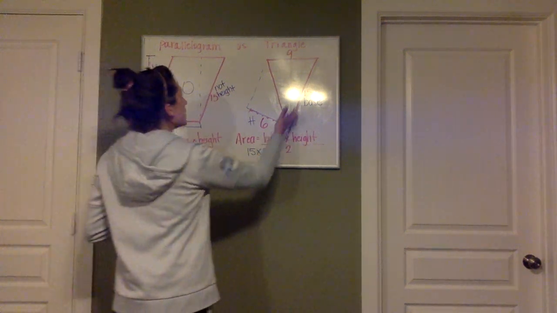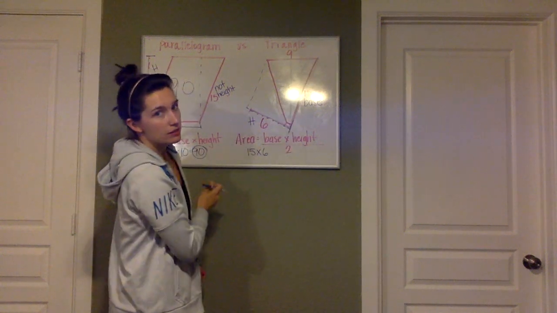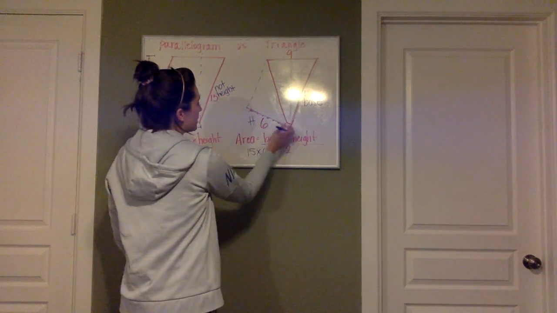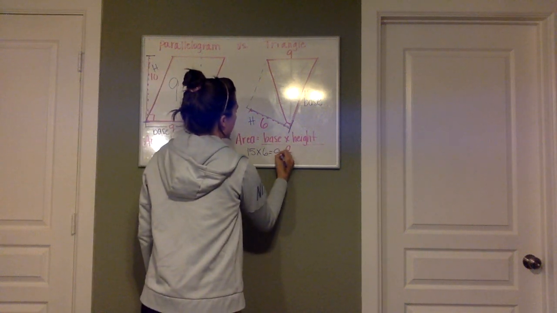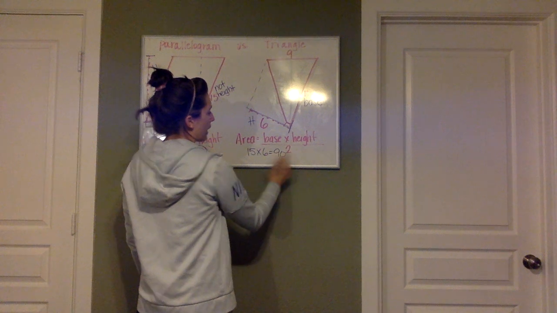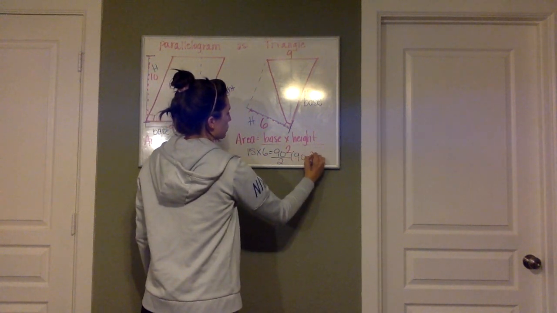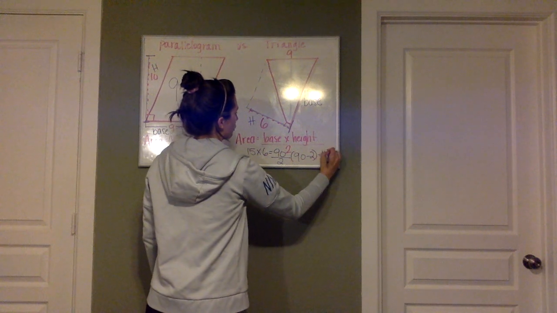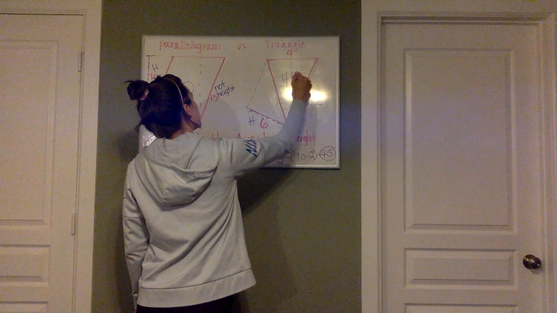So if I multiply here, my base is 15. My height, same place, I just put the wrong number, would be 6. 15 times 6 gives me 90. And I'm going to take that value and divide it by 2. So 90 divided by 2 gives me 45. So the area of this triangle is 45.